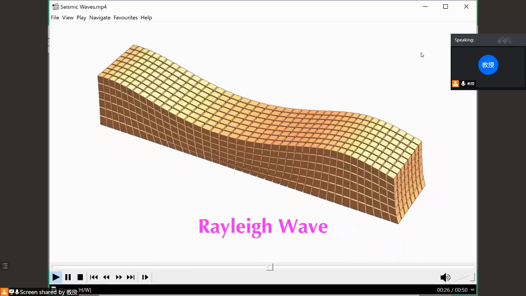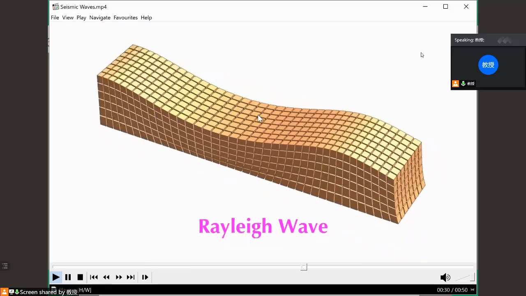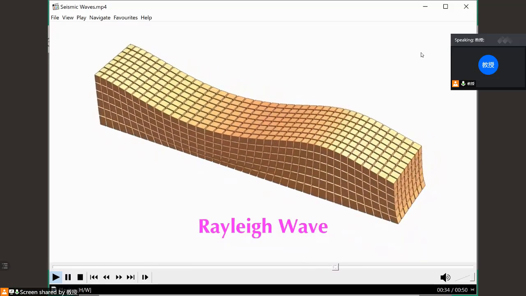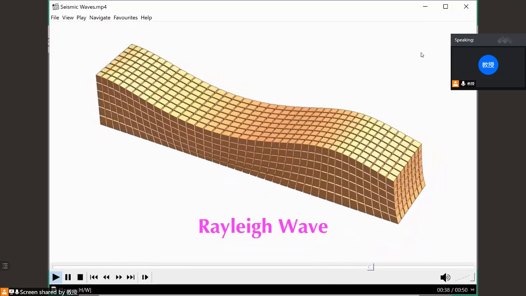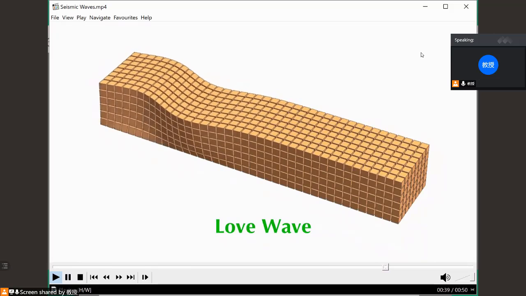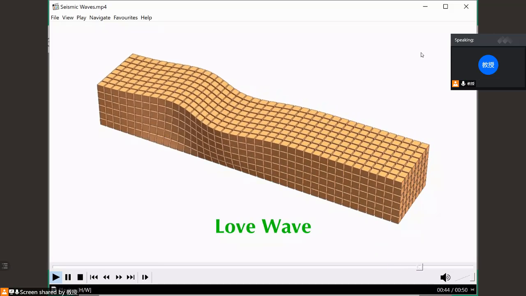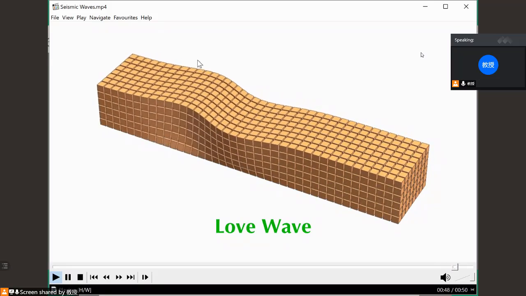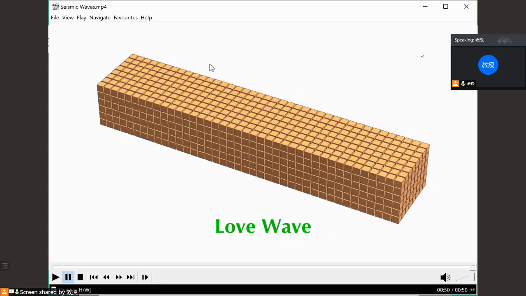The Rayleigh wave, and you can see the rolling of the surface. And the Love wave. Okay, so you can see the particle moves in the horizontal direction. Okay, maybe watch one more time.